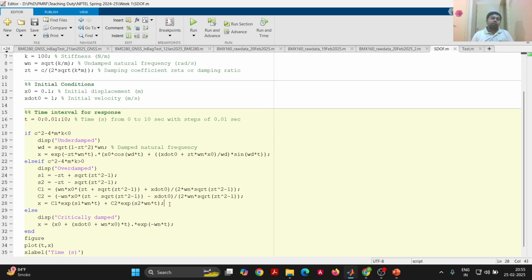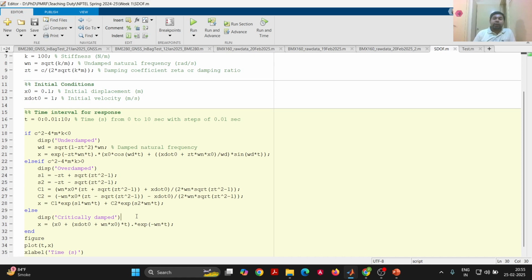And then if both of the above statements are not true, so if it is neither negative nor positive, then it will be zero. That is the critically damped case, which is line number 29. So the else part will be executed, it will say it is critically damped, and then calculate the solution for that case.